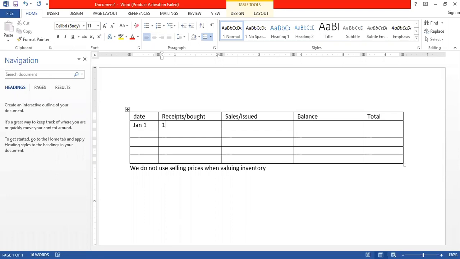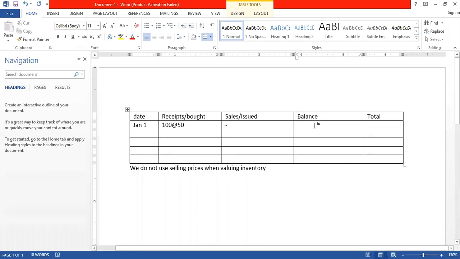So under the receipts column, you write 100 at the price of 50, like that. And then did you issue out anything? No, so it's 0. And then you go to your balance.